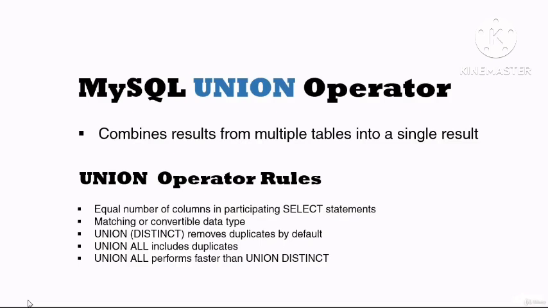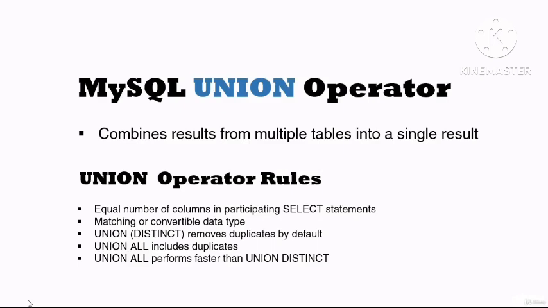They must be equal. They must also have matching or convertible data types. For example, you can't have a number in select statement A corresponding to a string data type in select statement B. So data types must match or they must be convertible.